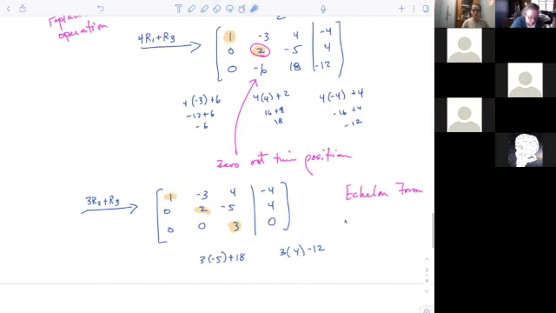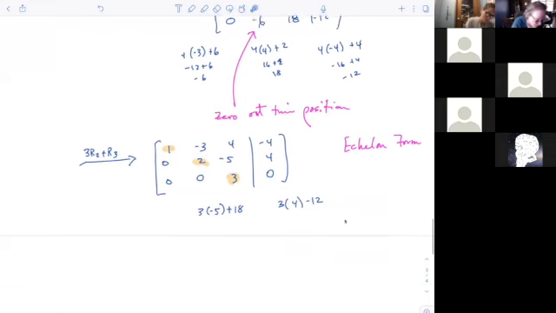And the answer is what? Yes or no? No. The answer is no, because it's asking, do you have a row that looks like 0, 0, 0, and then something not 0 over here? And we don't have that. We don't have any rows in the coefficient part that are just zeros.